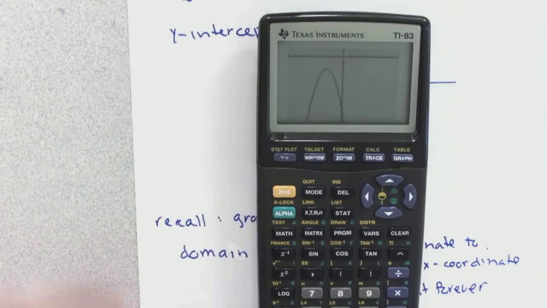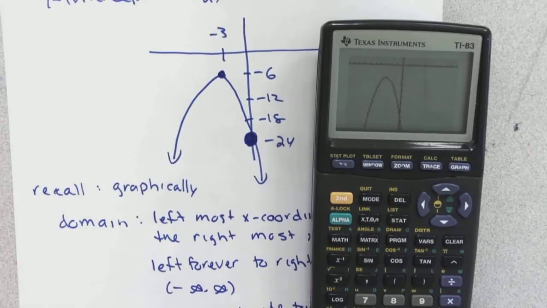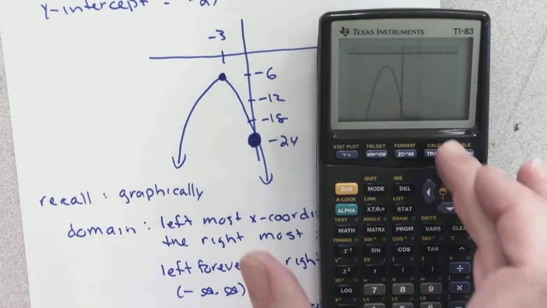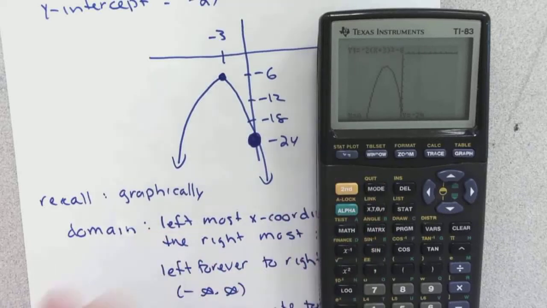And you should see a picture that doesn't look too far off from the picture you drew. And it doesn't. And then again, we can check these things. Like I said, if we do a trace, it automatically goes to the y-intercept, and we can now see that blinking cursor. And it does say that the y-intercept is at 0, negative 24, and we already did check the vertex.